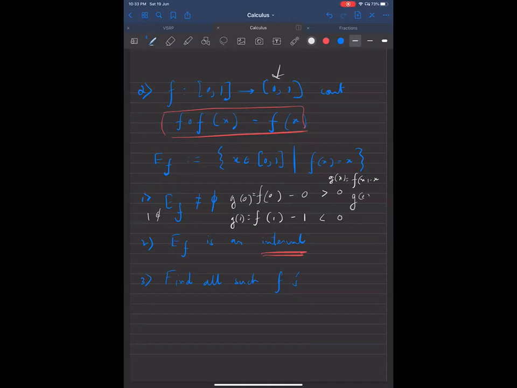So some g of c is equal to 0. So f of c minus c is equal to 0, so f of c is equal to c. Right? So we never really use this.